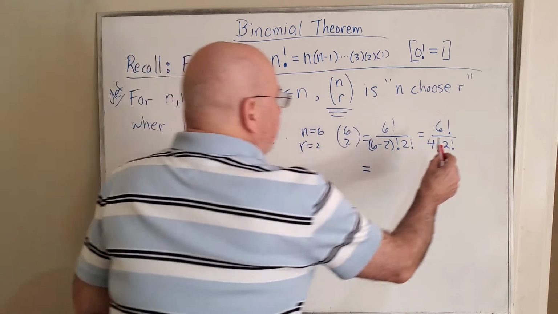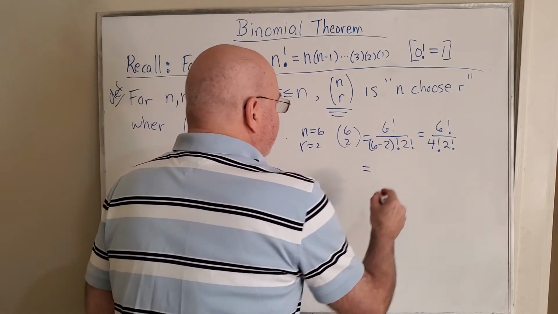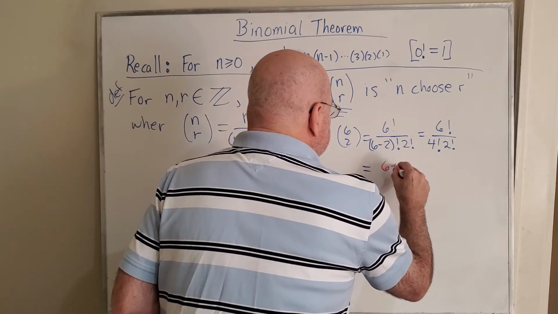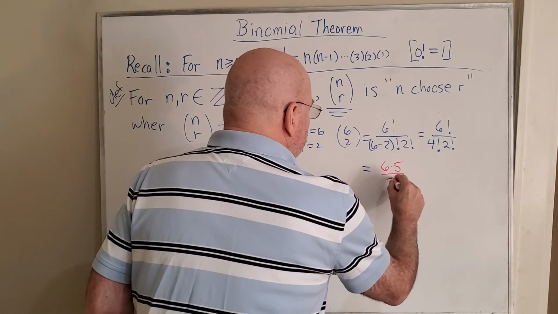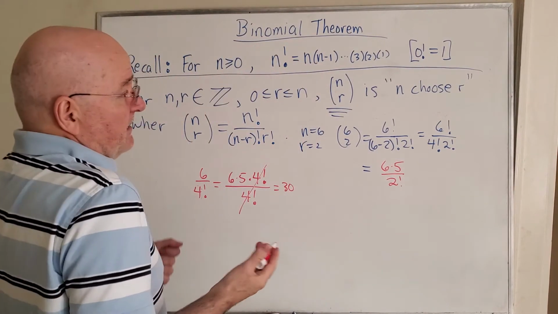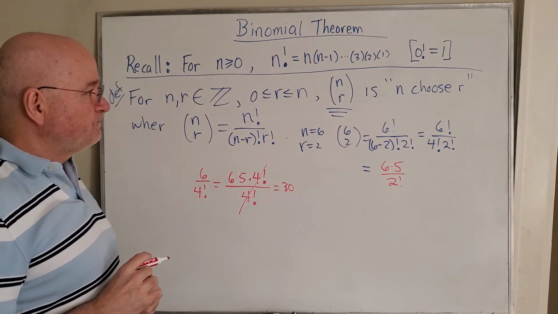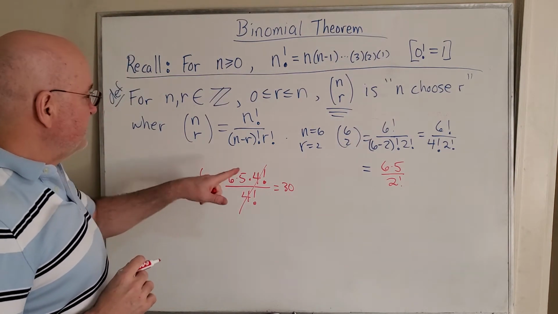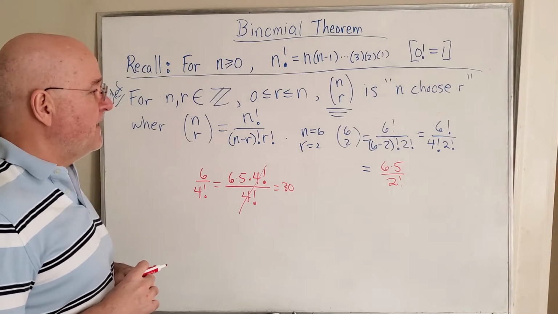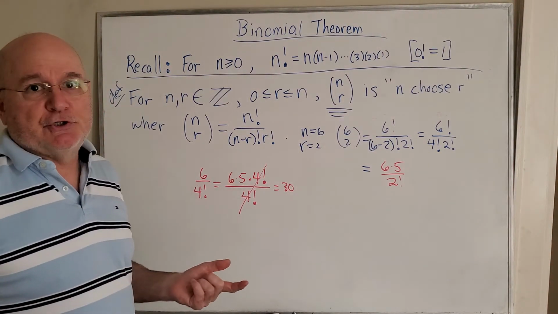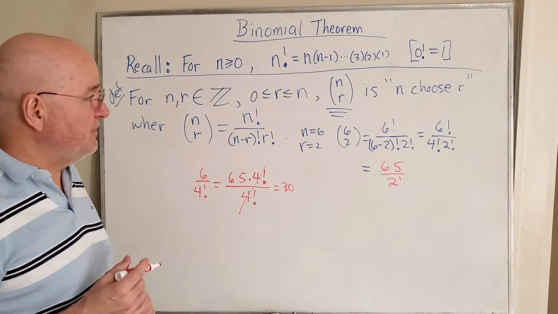So what I end up with, simplifying here, I get 6 times 5, and then I'm canceling with the 4 factorial. So I did a lot of simplifying right there. The 6 factorial over 4 factorial just became 6 times 5. And 2 factorial is just 2. 2 times 1 is 2.